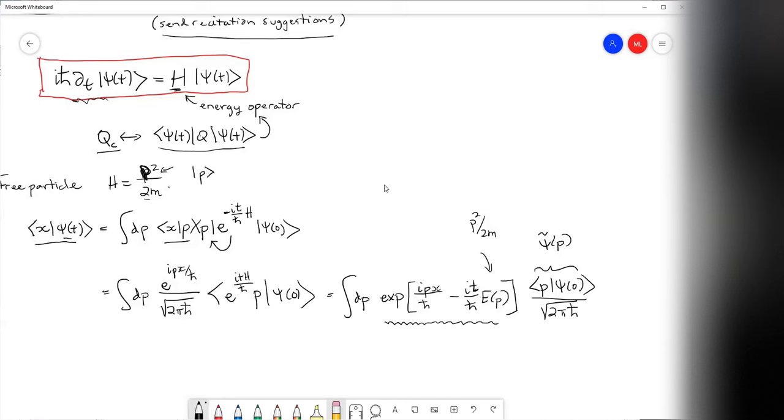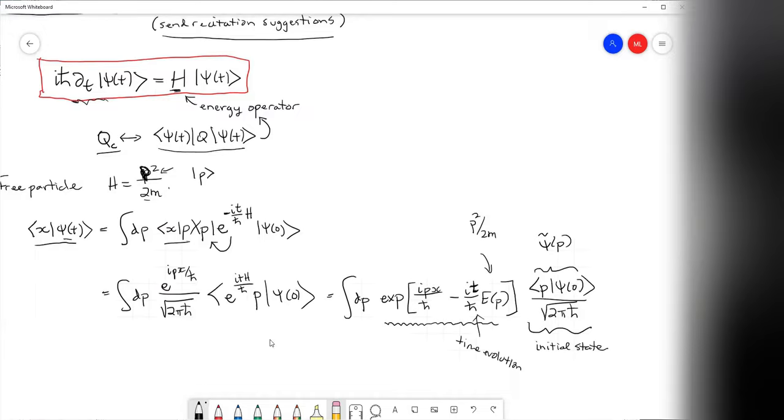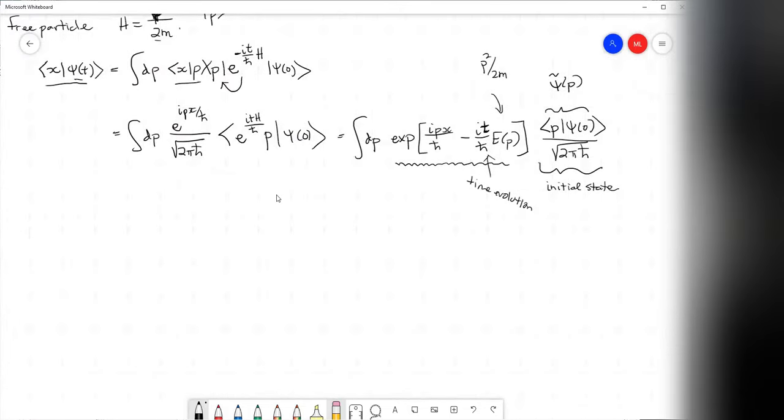Here's the t. This is the only place where the t appears. So it makes things kind of nice, because then this is all just stuff having to do with the initial wave function, the initial state. And then this is what evolves it in time, this part in particular. This is the time evolution. So it's sort of like solving it exactly for any arbitrary initial condition. And it's convenient to change variables.